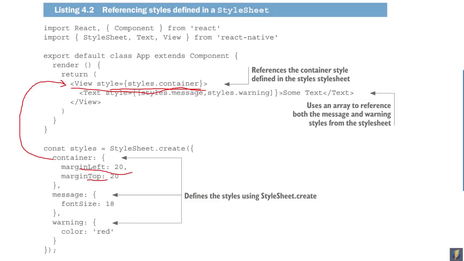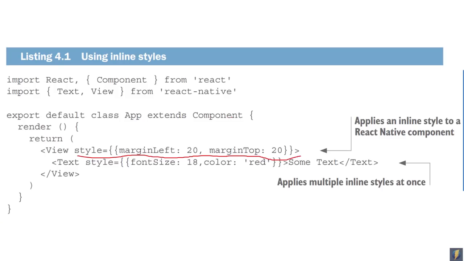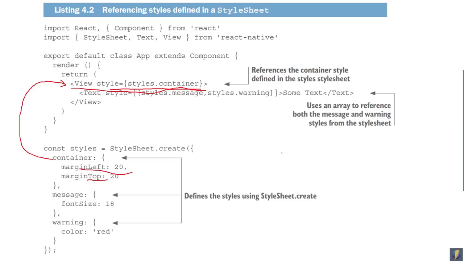This is the same, but the format is different. This style we call the reference of the CSS style. Before, this was an inline style. This is an inline style.